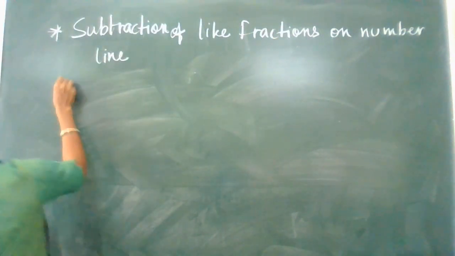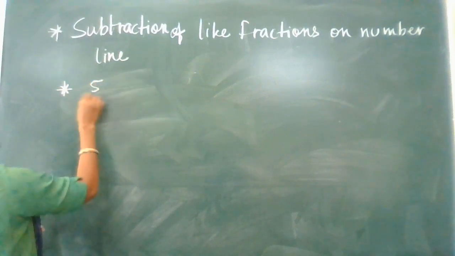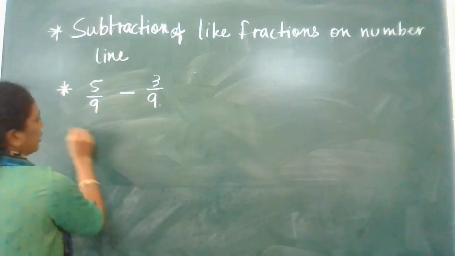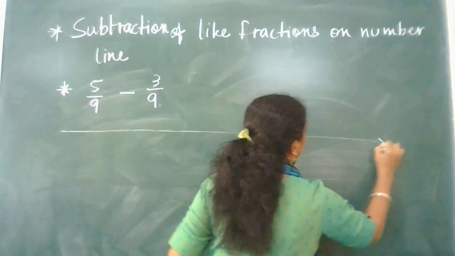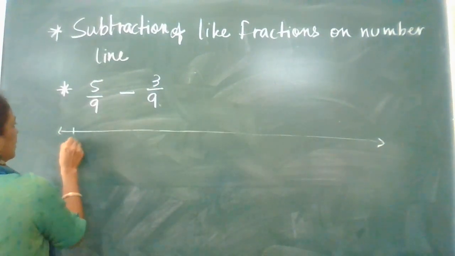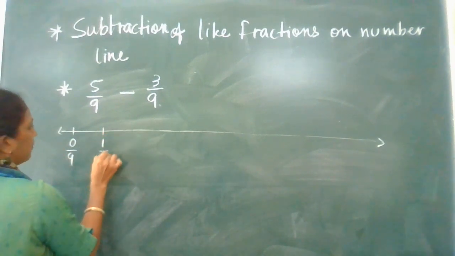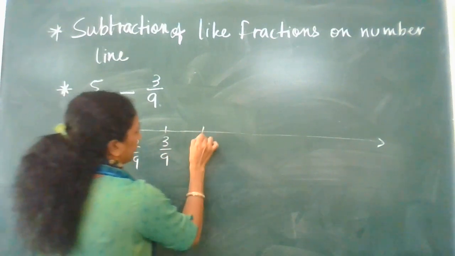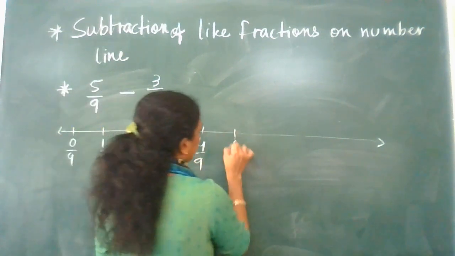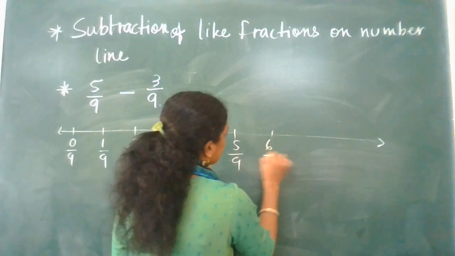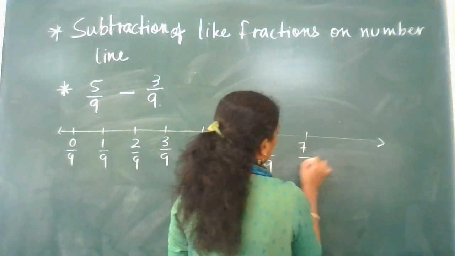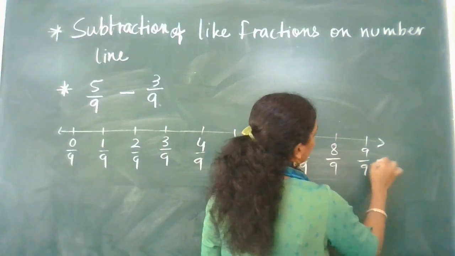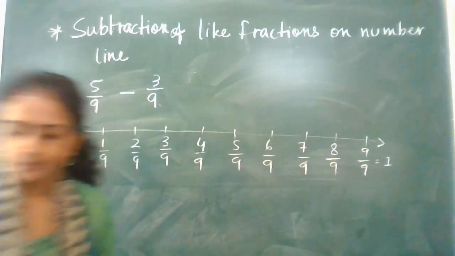Suppose you have the fraction 5 upon 9 minus 3 upon 9. So let's mark the fractions: 0 upon 9, 1 upon 9, 2 upon 9, 3 upon 9, 4 upon 9, 5 upon 9, 6 upon 9, 7 upon 9, 8 upon 9 and 9 upon 9 is equal to 1.